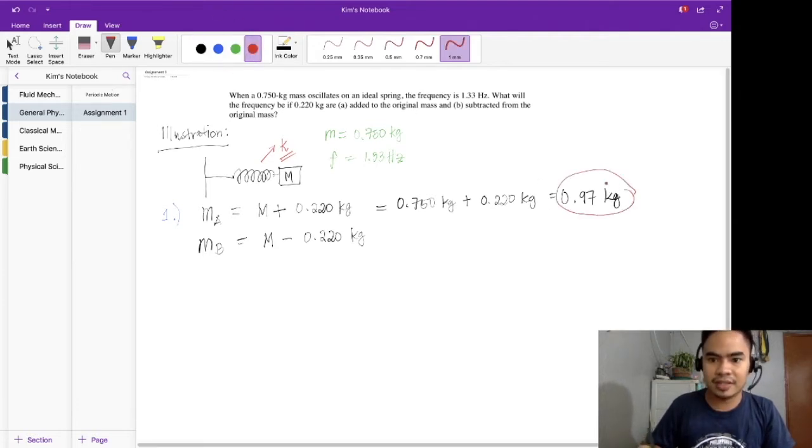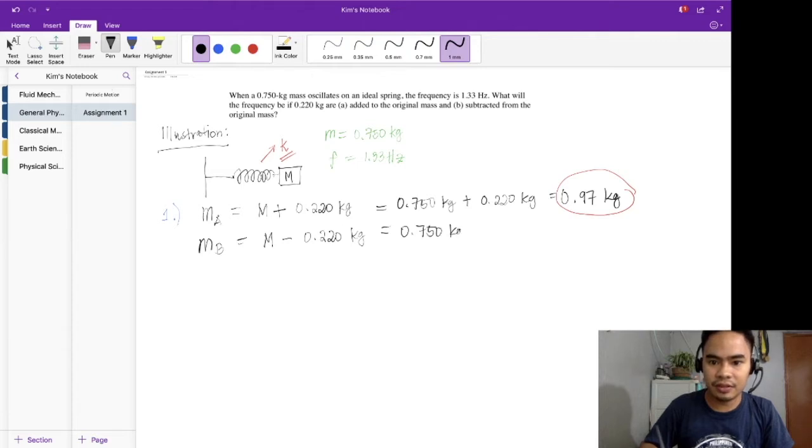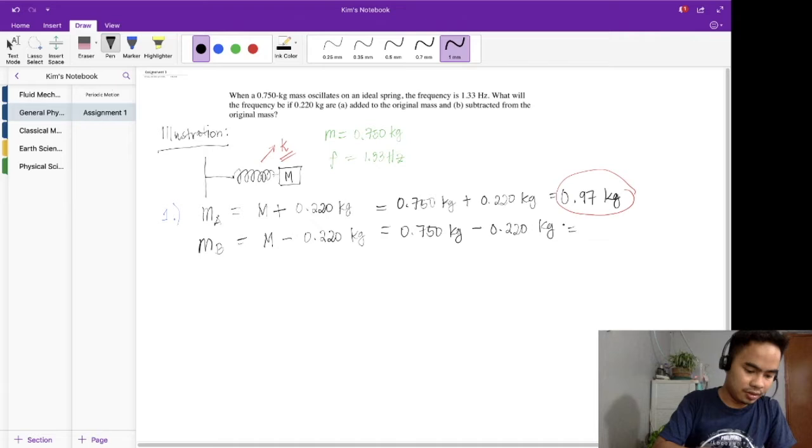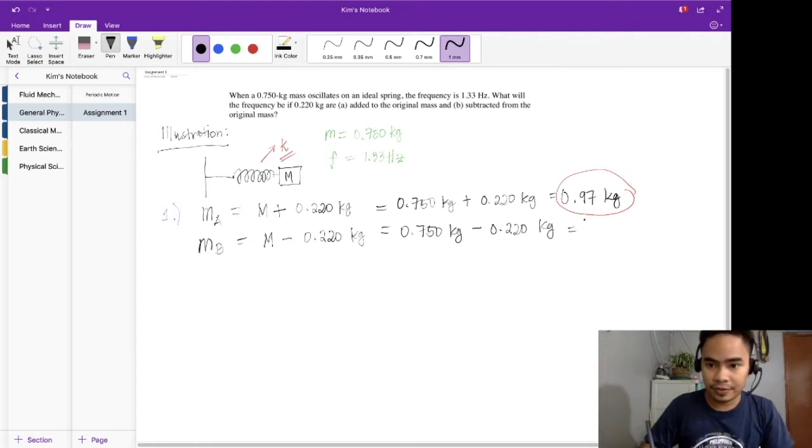That's mass A. For mass B you have 0.750 kilograms minus 0.220 kilograms, and so you get 0.53 kilograms.